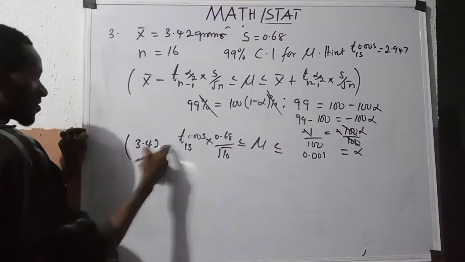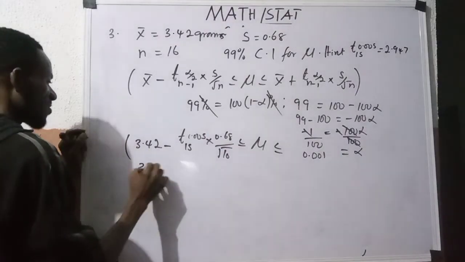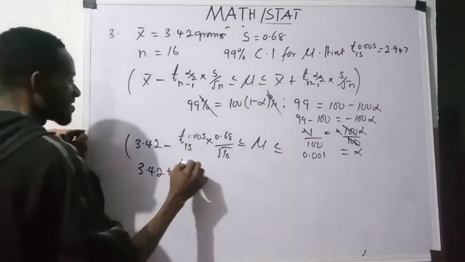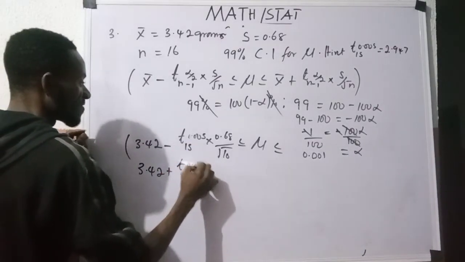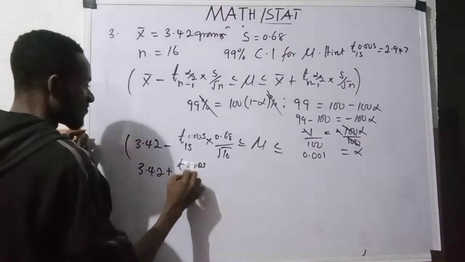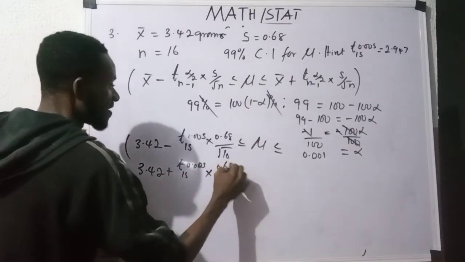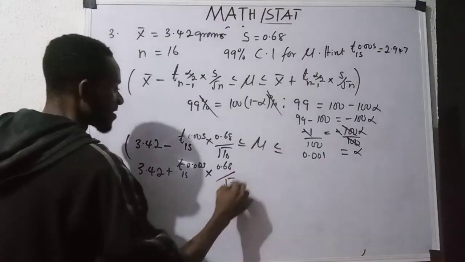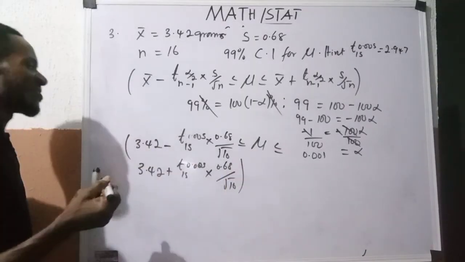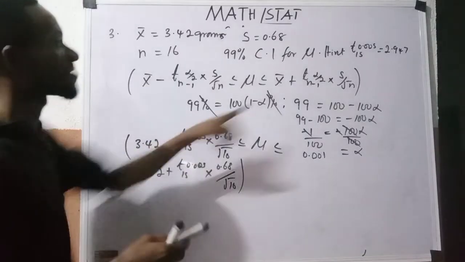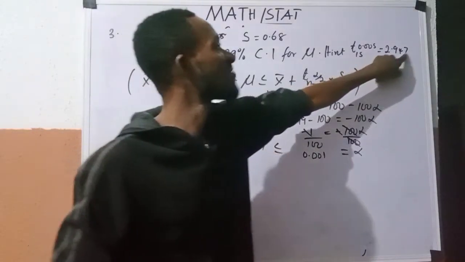You now come for the upper one. It becomes 3.42 plus the same value here, t of 15 of 0.005, then multiply by 0.68 all over root of 16, close the bracket. The moment you pick up, of course, you know that this has been given to me as 2.947.